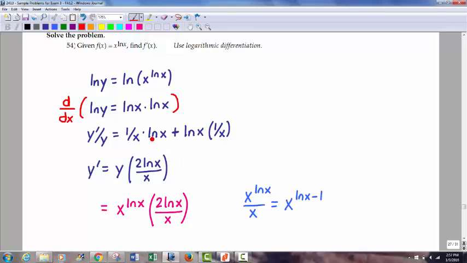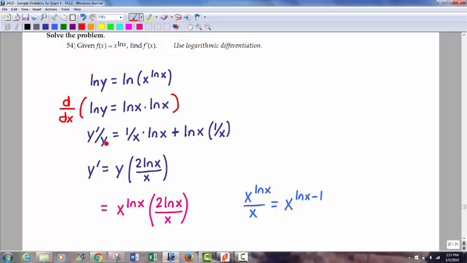So basically what you have here is ln of x over x plus ln of x over x. So, something plus the same something is always 2 of that something. It's like adding, x plus x would be 2x. So we have 2 of these. These happen to be like terms. That's just a coincidence. Usually these answers do not do that.